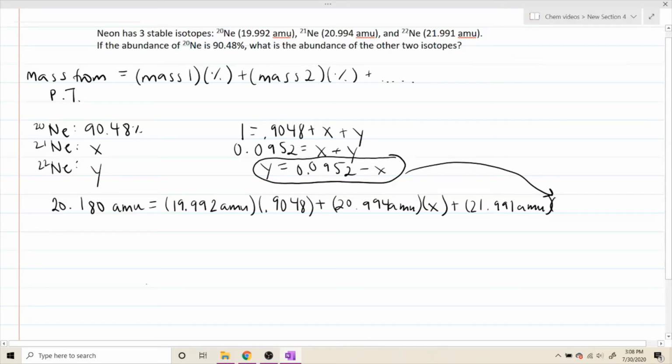So I'm going to multiply that by the mass of the third isotope.